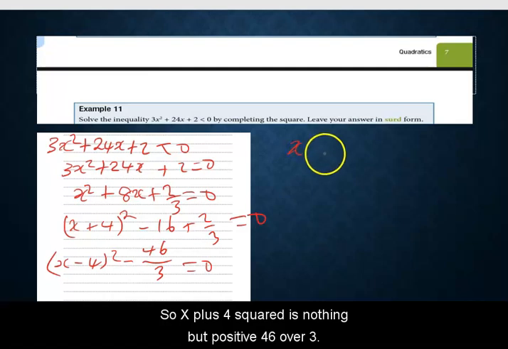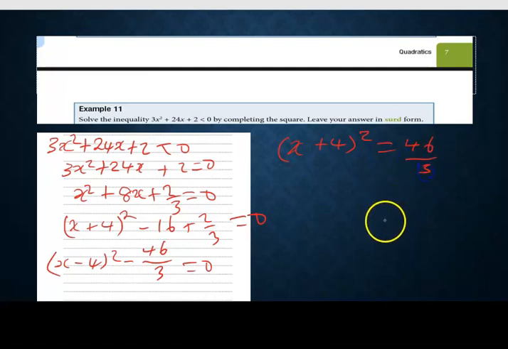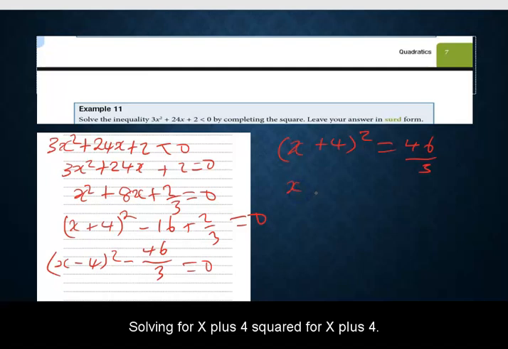So x plus 4 squared is nothing but positive 46 over 3. Solving for x plus 4 squared.